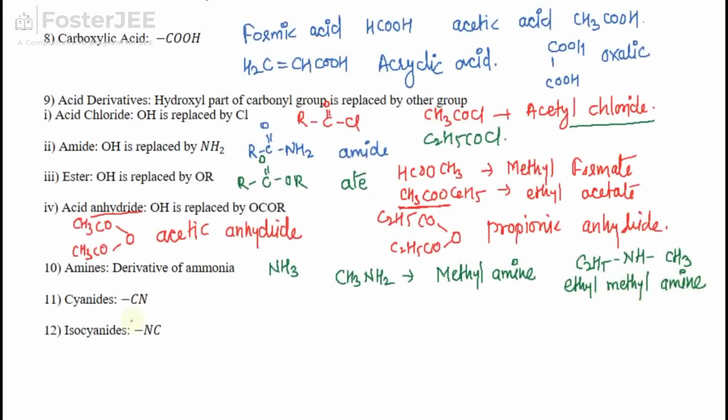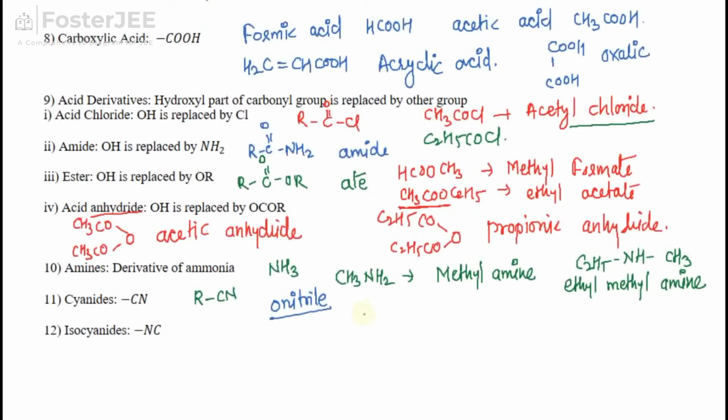Now the next category is cyanide. Cyanides are the compounds containing a CN group attached to an alkyl group. So the compound will be RCN, and nitrile is used as a suffix.